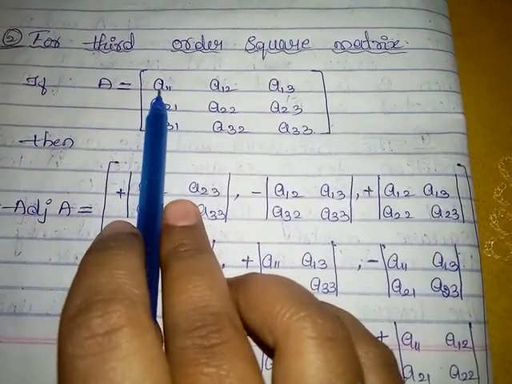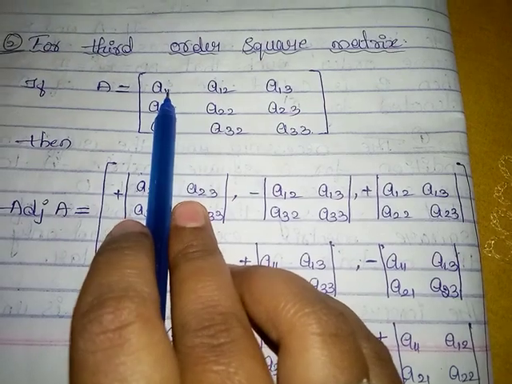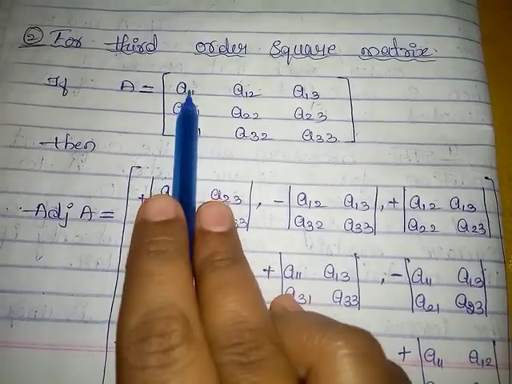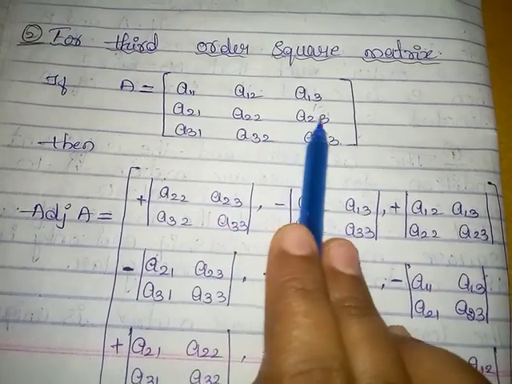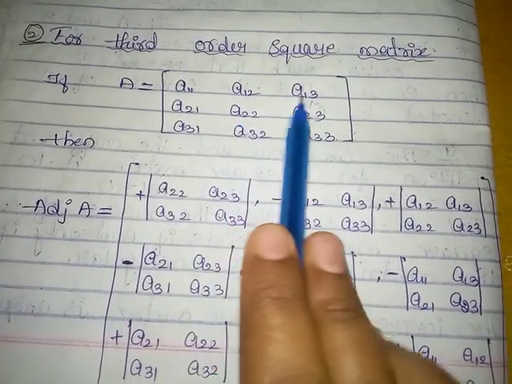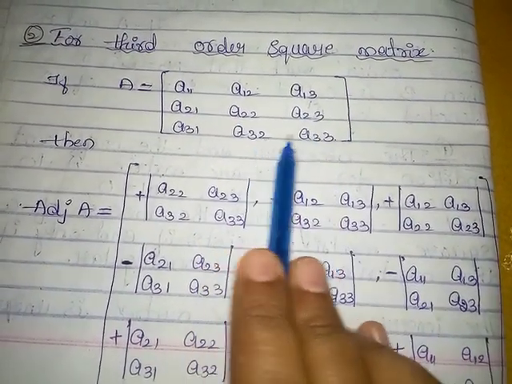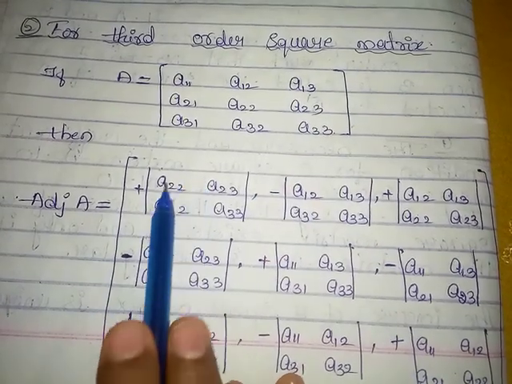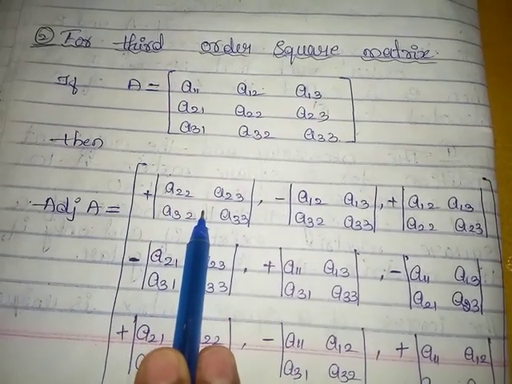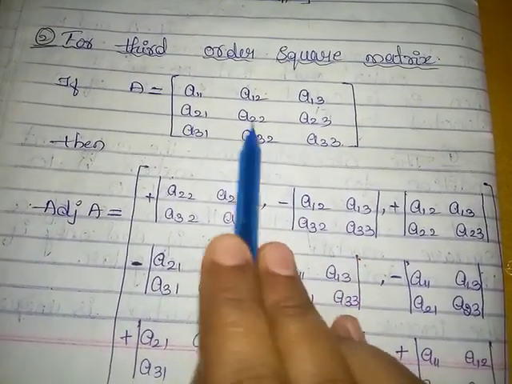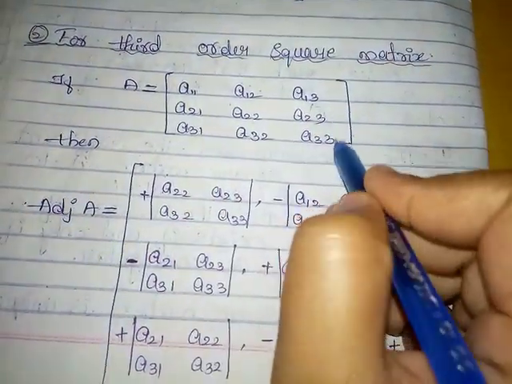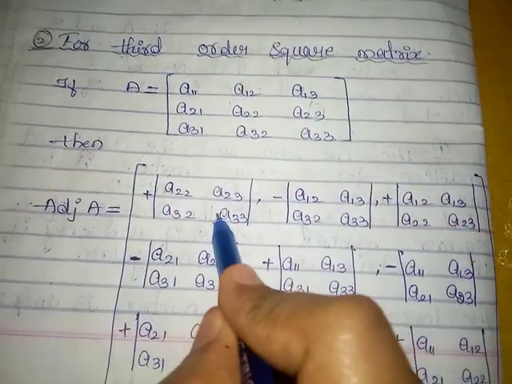Consider the element here, A11, and avoid the column and row which has that element A11, and consider the remaining elements, that is A22, A23, A32, A33. The first element will be what? The determinant of these 4 elements, the determinant of this 2 cross 2 matrix.